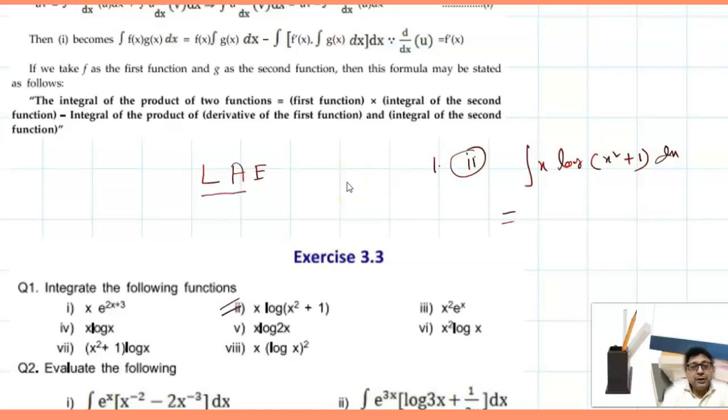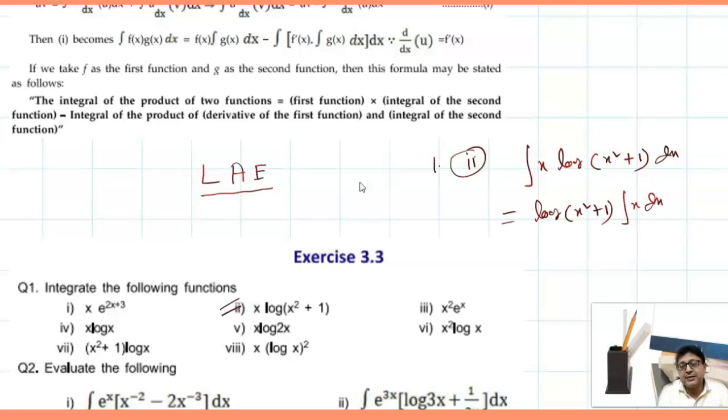Now, for any two functions coming from there, the first one will be taken as the first function, the second one as the second function. If logarithmic and algebraic are there, logarithmic will be first, algebraic will be second. If algebraic and exponential are there, algebraic will be first, exponential will be second. So in our sum, log of (x square plus 1) is the first one.